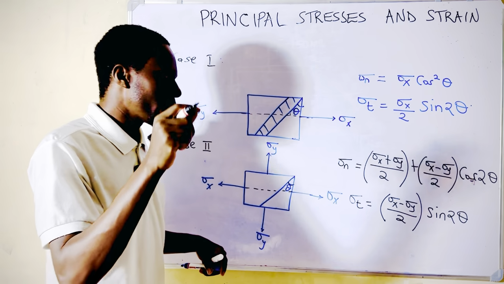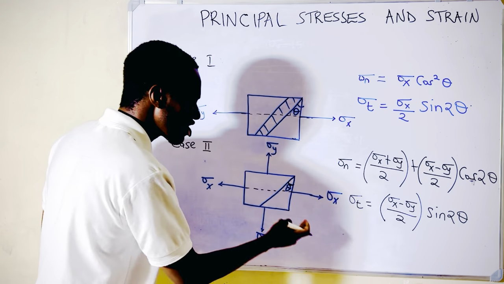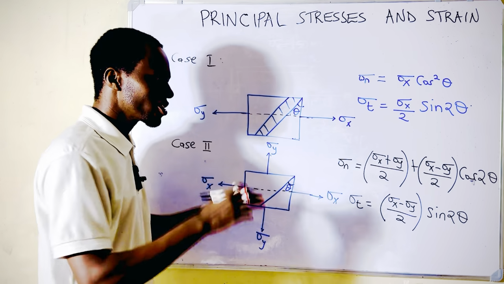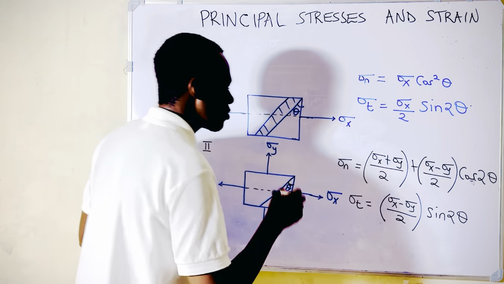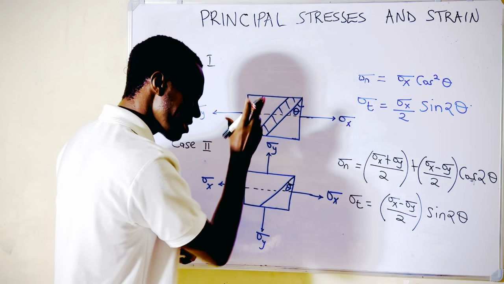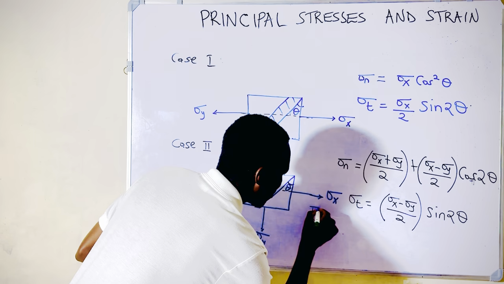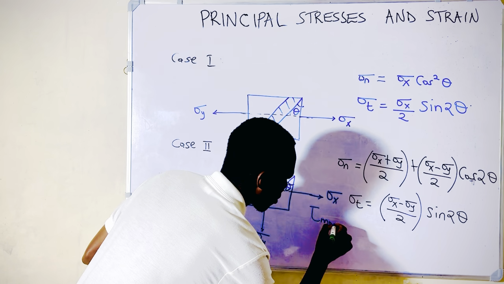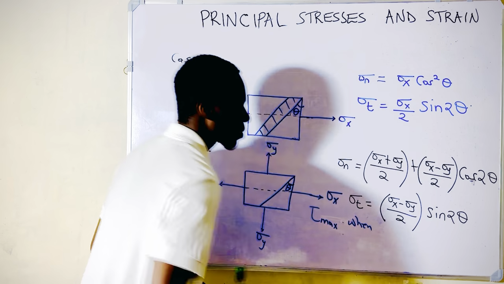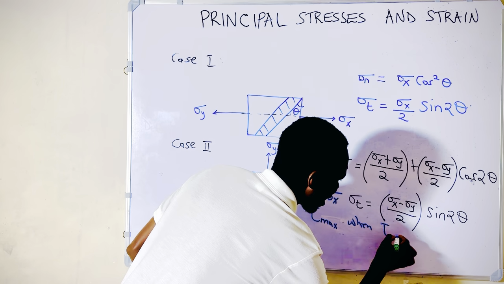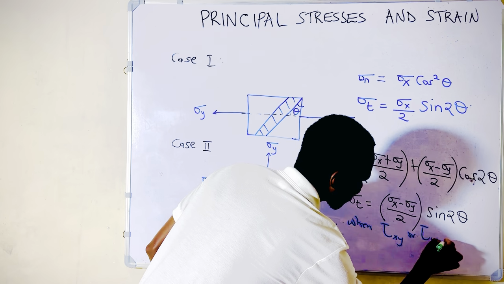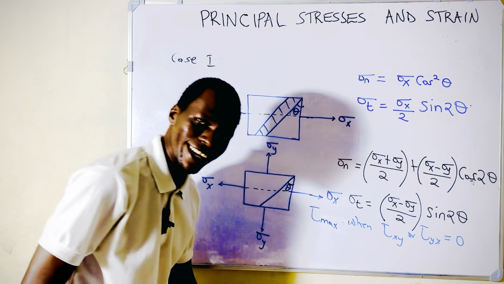But if you don't have any shear stress, as we see here, you are supposed to find the maximum shear stress acting in this case. Let me give you the condition: maximum shear stress occurs when tau xy or tau yx is equal to 0.